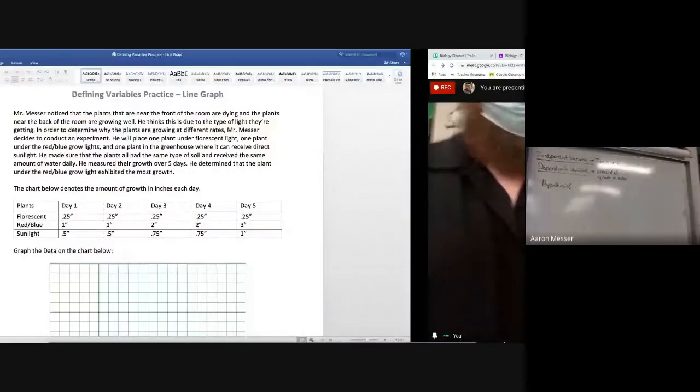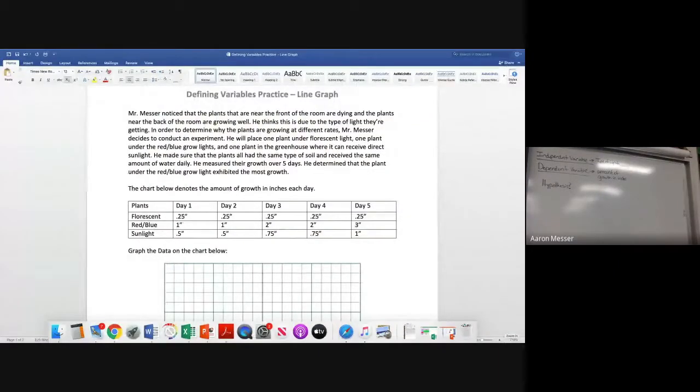What was the hypothesis? Say a little louder. The hypothesis and the question are a little bit different. The question or the problem, so let's do this.